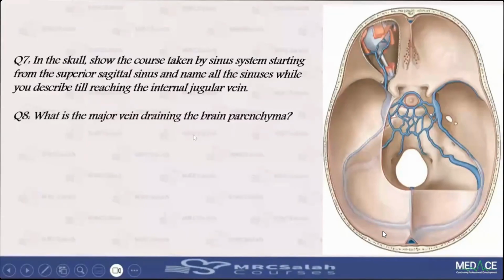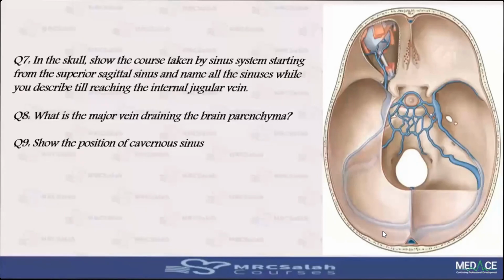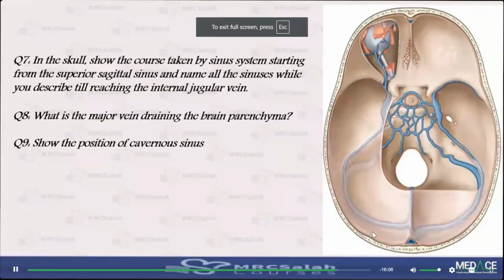Okay. What is the major vein draining the brain parenchyma? The great cerebral vein of Galen. Would you show the position of the cavernous sinus in a skull? I don't know how to show it here.